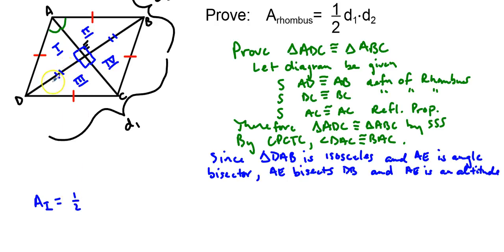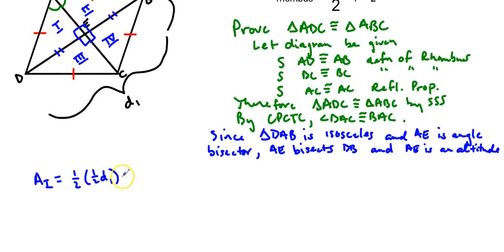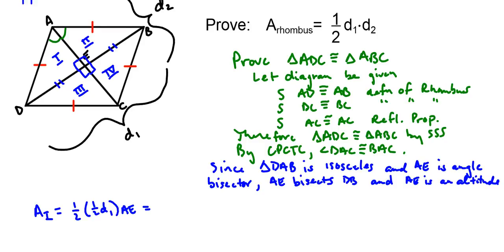The base in this case is half of D1. The height is going to be the top portion of D2. So that's this guy right here. So we'll call it AE. And it's the same thing for triangle 2.